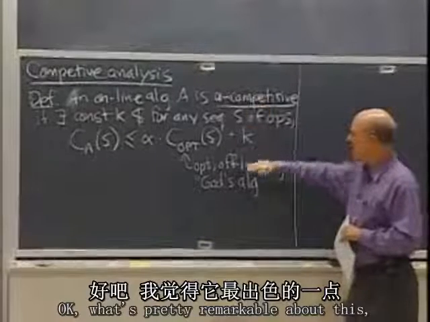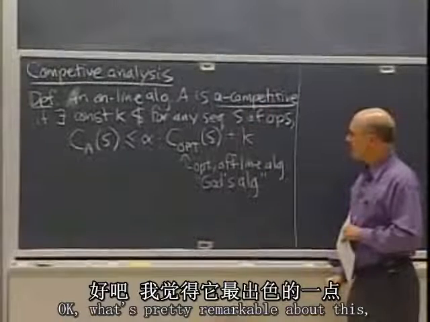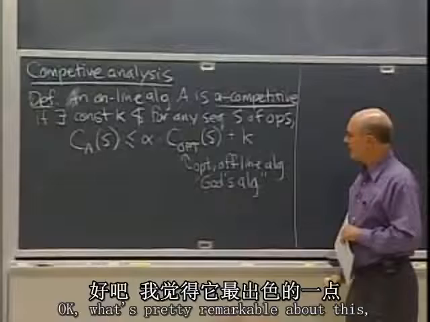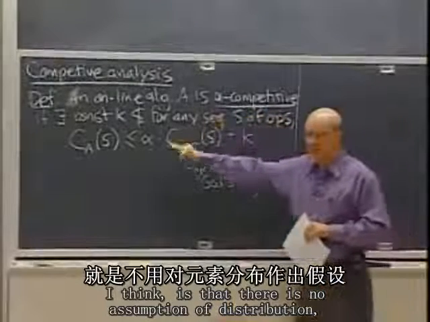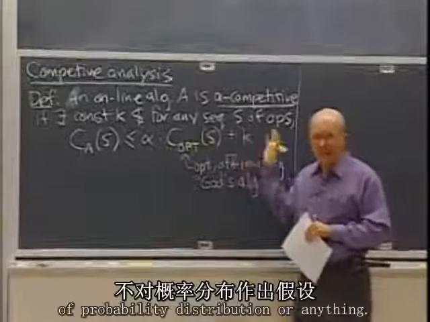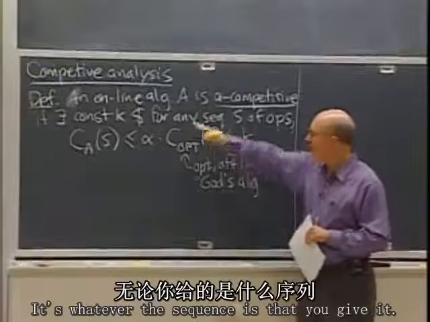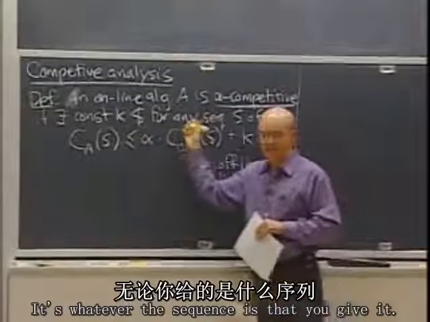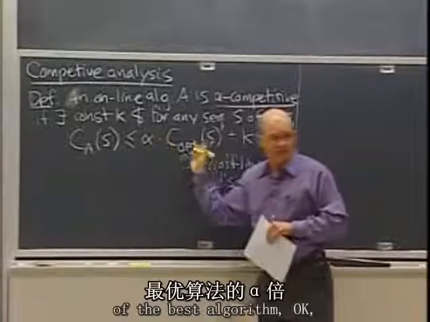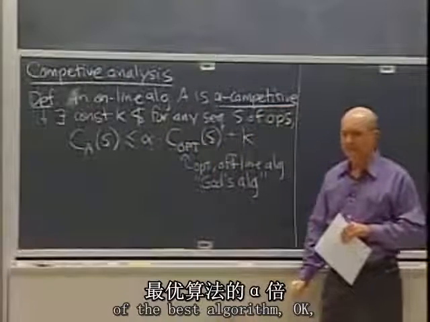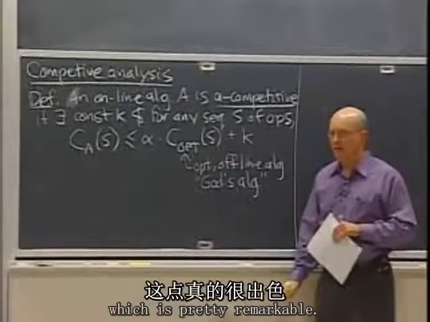What's pretty remarkable about this, I think, is that there's no assumption of probability distribution or anything. It's whatever the sequence is that you give it, you're within a factor of alpha, essentially, of the best algorithm. Okay, which is pretty remarkable.